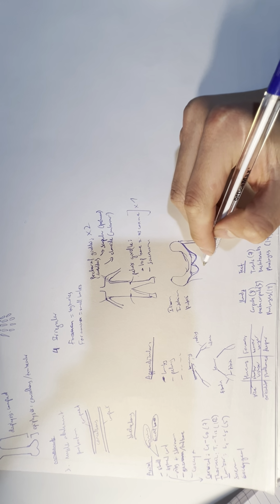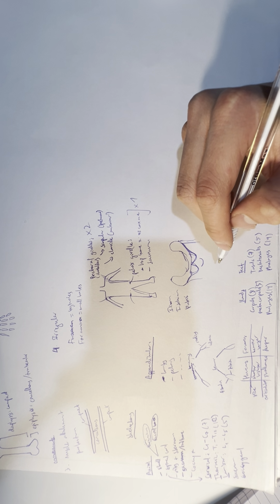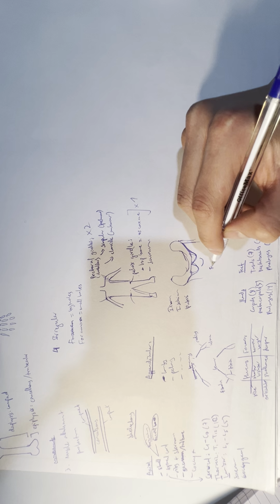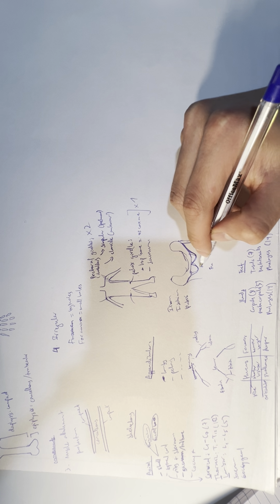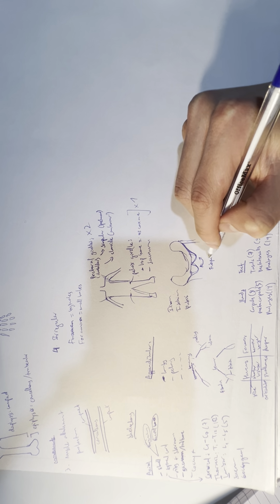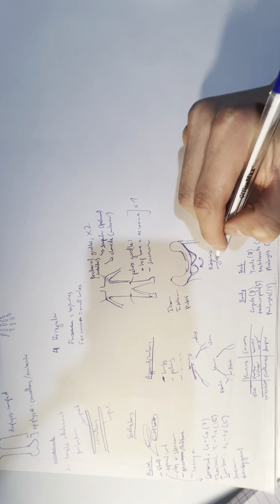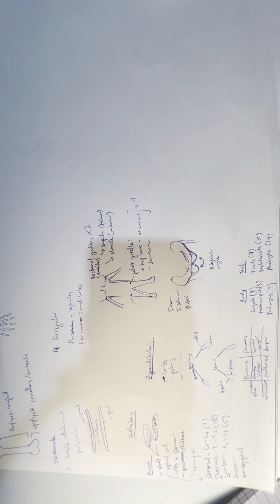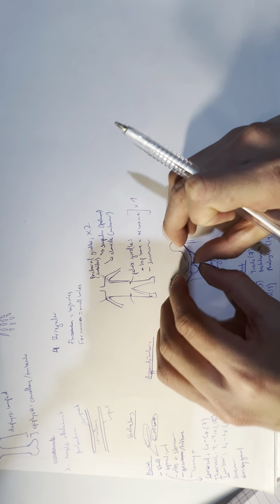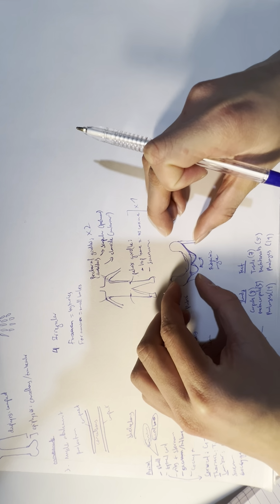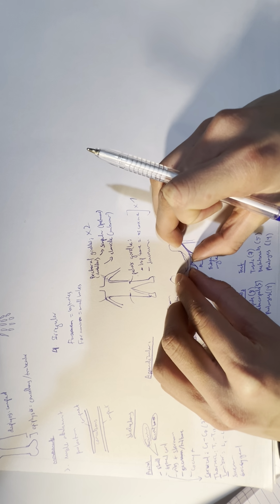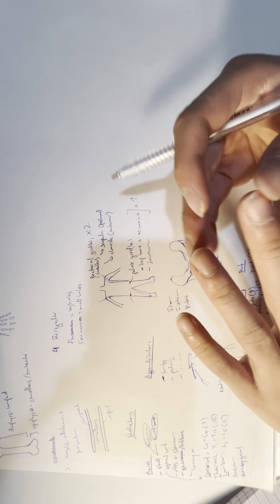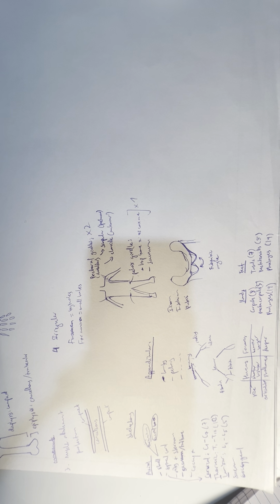This right here is your subpubic angle. Because females have larger hip bones because they give birth, their subpubic angle will also be larger, because they're farther apart. For males, they're closer because they don't give birth, so they have a smaller subpubic angle.